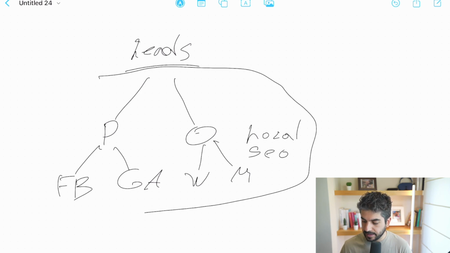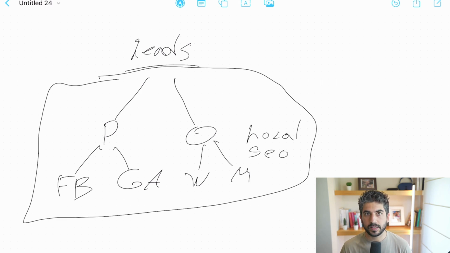Now, this thing right here is responsible for 95% of the leads that you're generating online. Some of you would say, oh, but there's Yelp, Thumbtack, Angie's, all that stuff. Yes, but this is a very small percentage of the leads generated online.